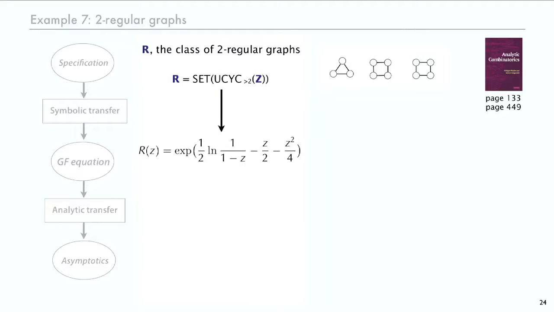It's half. Undirected cycle means you take half. That's the same as when each graph appears twice. And then again, we have to subtract off the small ones, z over 2 and z squared over 4. That's the class of 2-regular graphs.